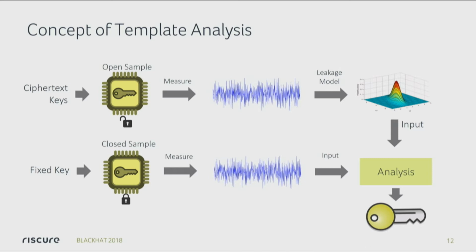So on the one hand, I'm building templates from power traces. On the other hand, I'm taking these templates and matching them to power traces in order to get keys out again. And again, these are probabilistic methods, so I need a bunch of traces in order for my templates to output the correct key byte with some confidence.